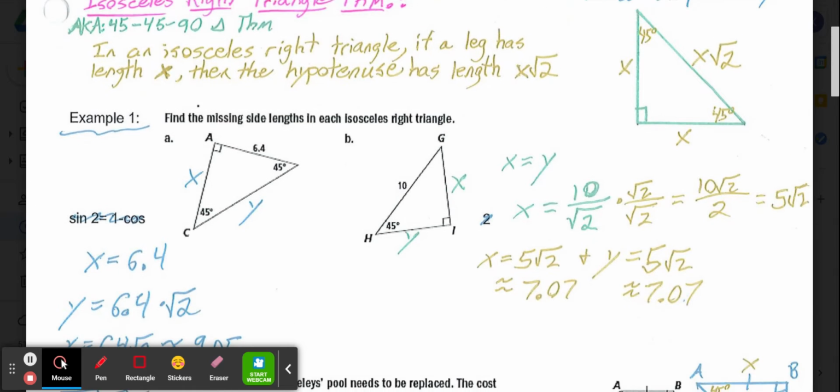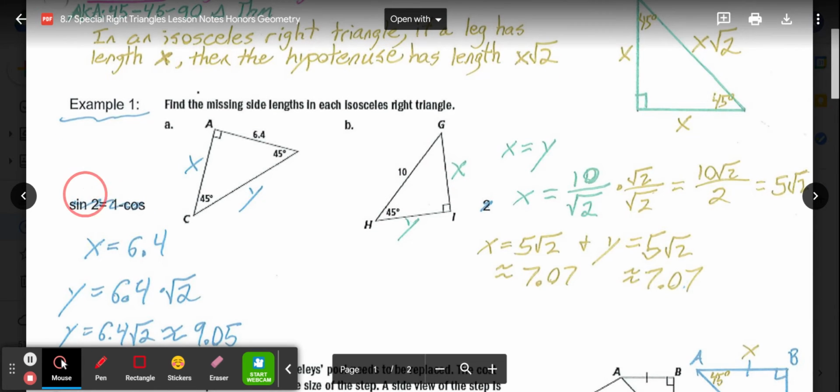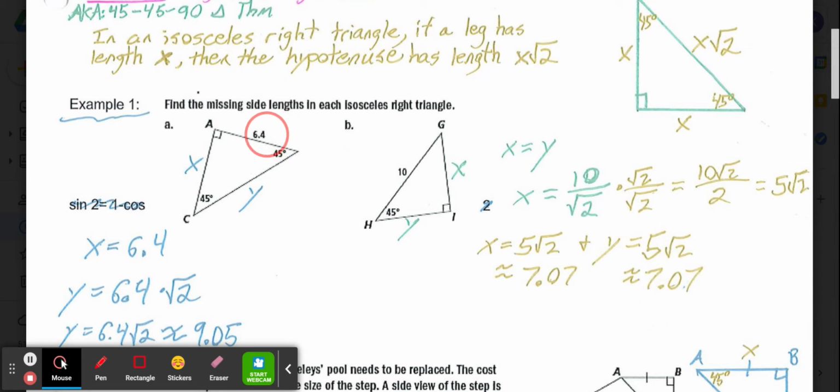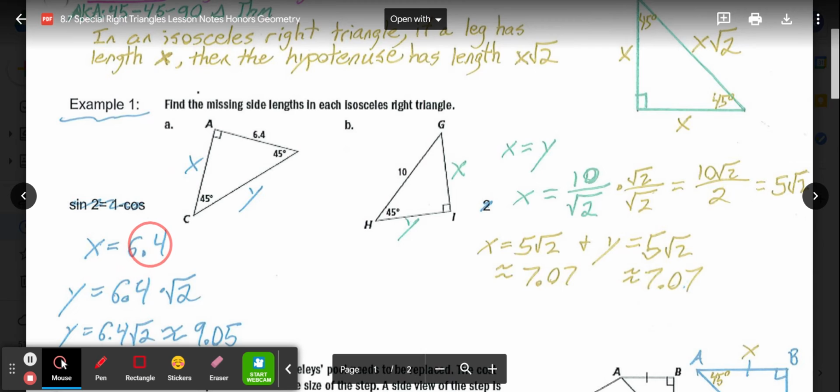So let's use that in example 1. I apologize for the sign piece here. You can just cross that off. That shouldn't be there. But let's look at part A. We have triangle ABC here, and we know side AB, a leg, is 6.4. So side AC here also has to be 6.4.